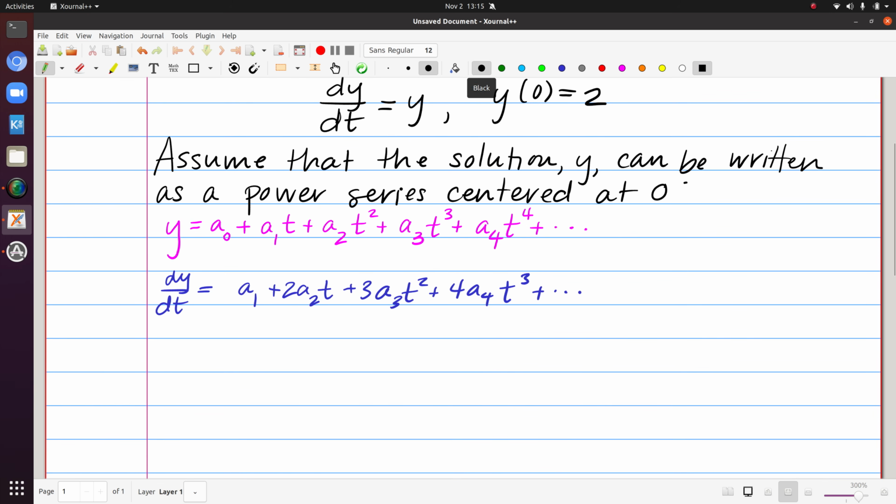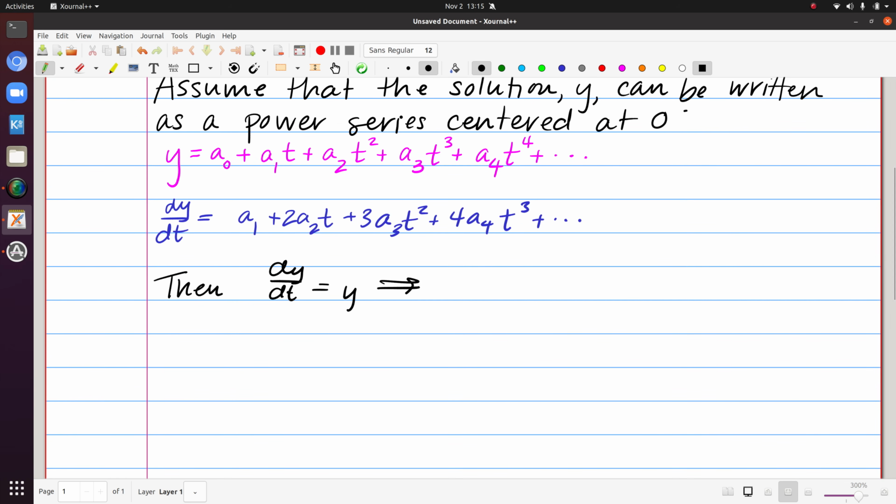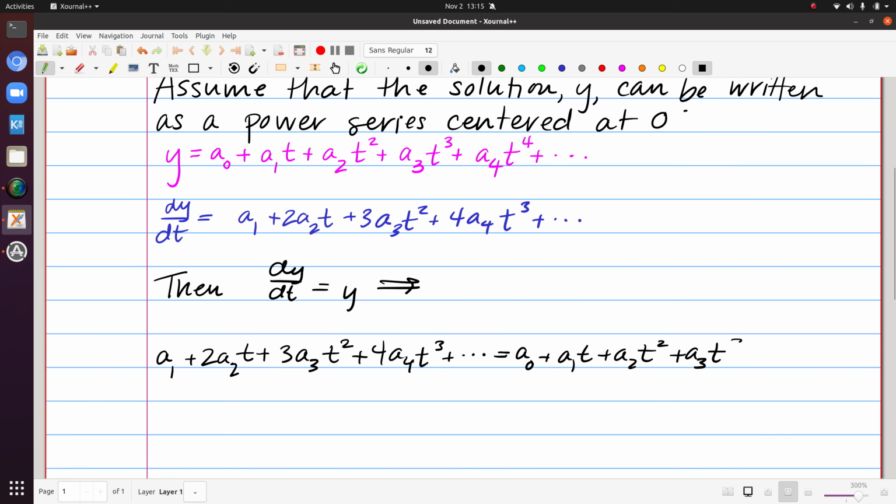So dy/dt equals y implies, so I'm just going to rewrite these equations, a1 plus 2a2 t plus 3a3 t squared plus 4a4 t cubed, etc. must equal a sub 0 plus a1 t plus a2 t squared plus a3 t cubed plus a4 t to the fourth, etc. So that's what it means if this is a solution and it does satisfy that differential equation.